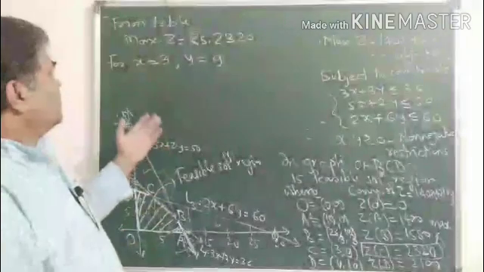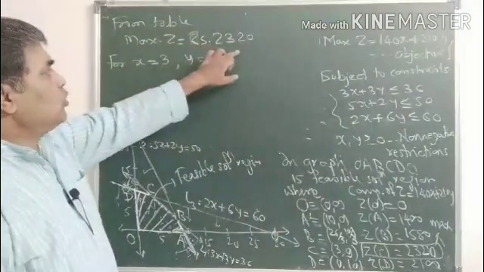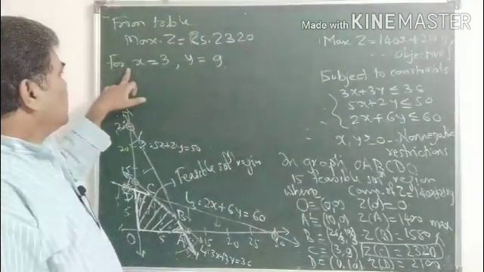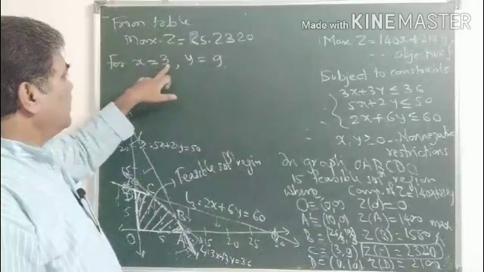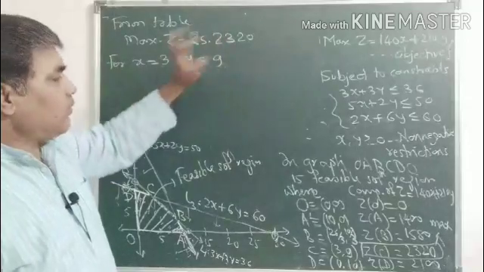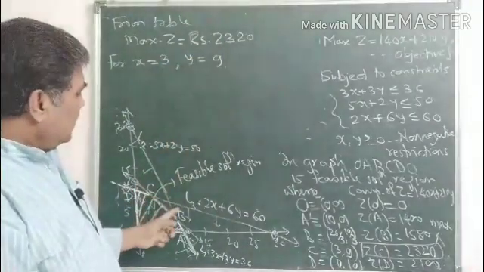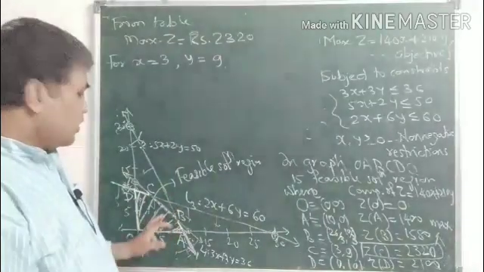So from this table, maximized Z is rupees 2320. Number of chairs produced is x equal to 3. Number of tables produced is y equal to 9 to get this profit. So we are getting just a unique solution for this problem.